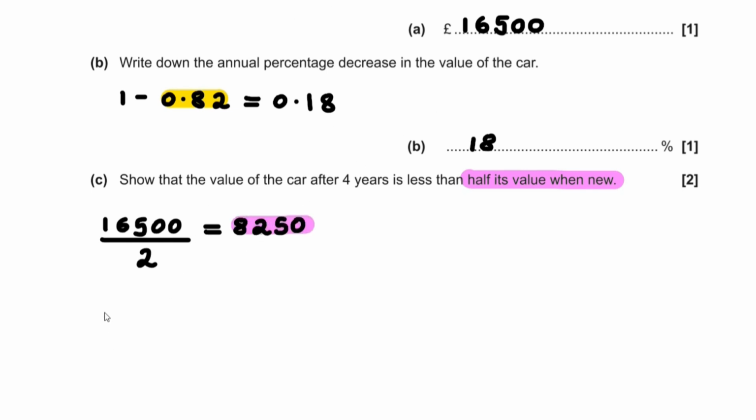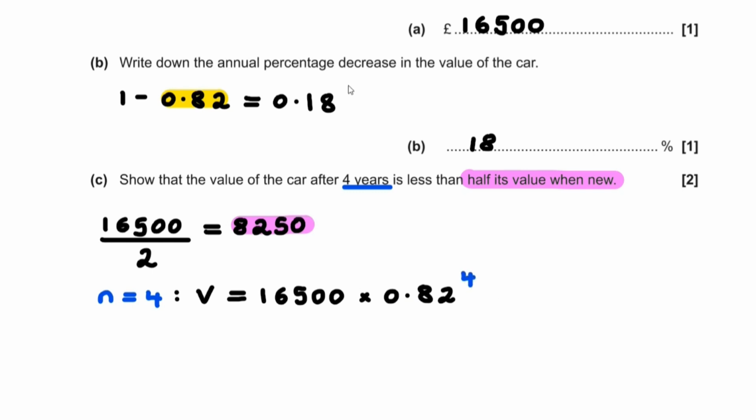So, after 4 years, that's when n is 4, we have the value, which is equal to 16,500 multiplied by 0.82 to the power of 4.